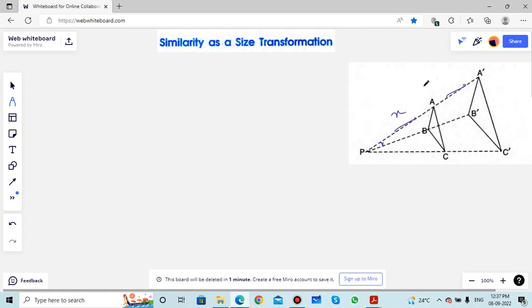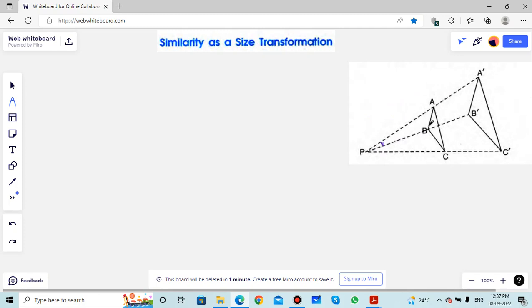Say if this is X, the entire thing is 2X. If this is Y, the entire thing is 2Y. So they are proportional, and this triangle is similar to the other one. Yes, they are similar.